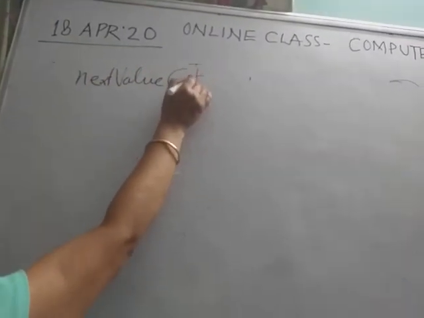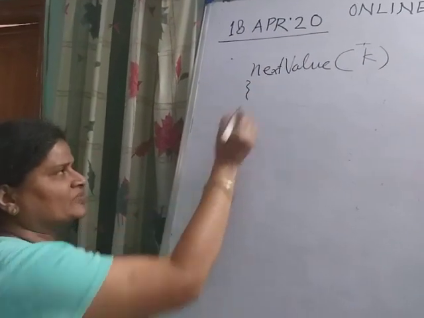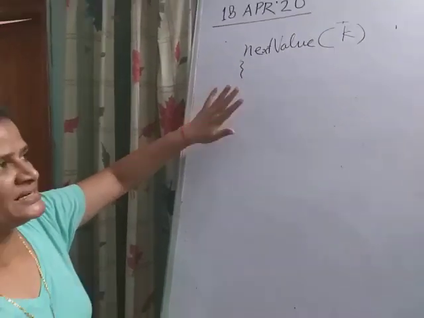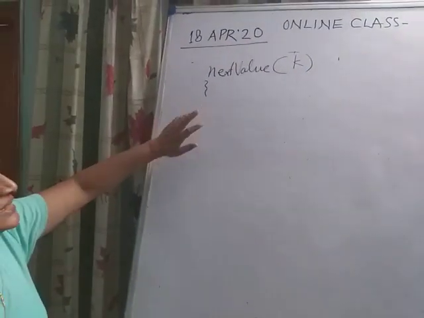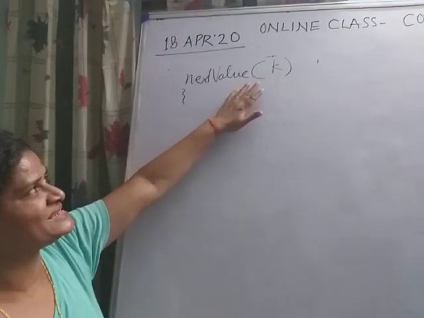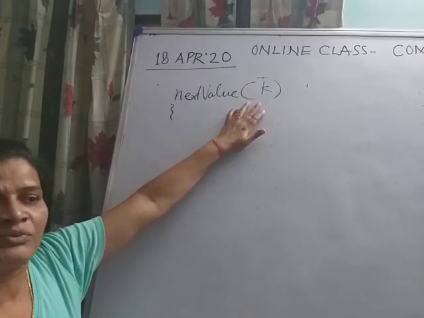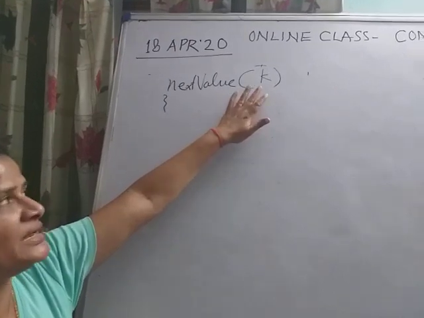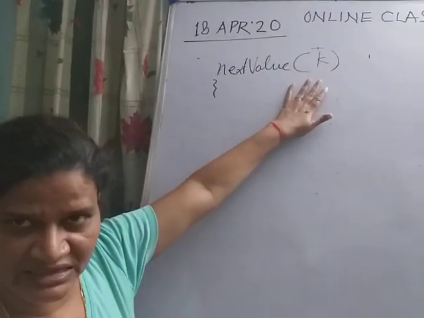NextValue(k), where k is the vertex. First understand what this function is doing. Simply it takes k and gives the possible value of color for the kth vertex.